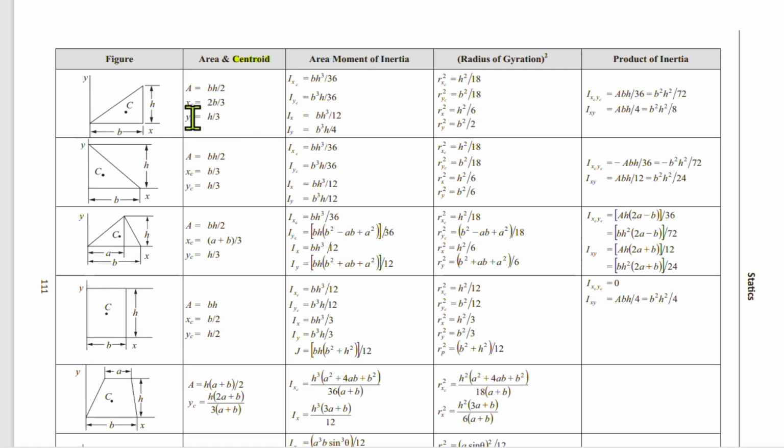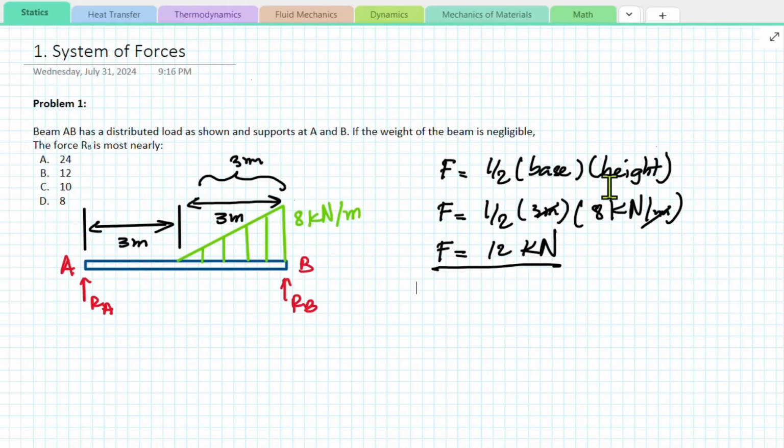Here we'll see that the centroid, where you have your x-axis on the horizontal, is equal to 2/3 times the base. So getting back to our problem, 2/3 will be somewhere about here. So this is where our concentrated force will be placed.